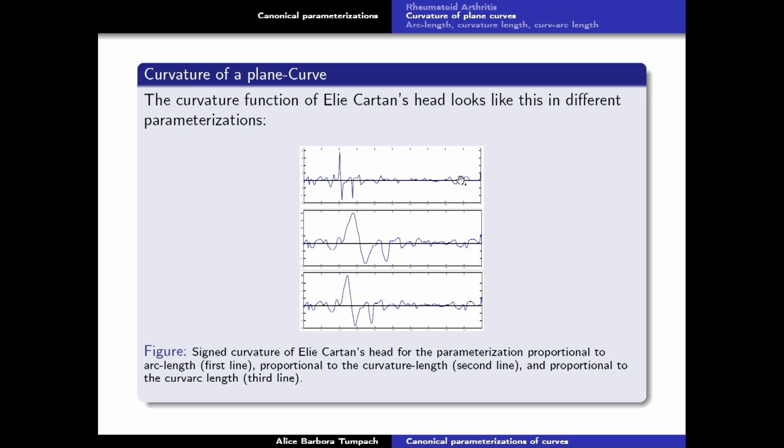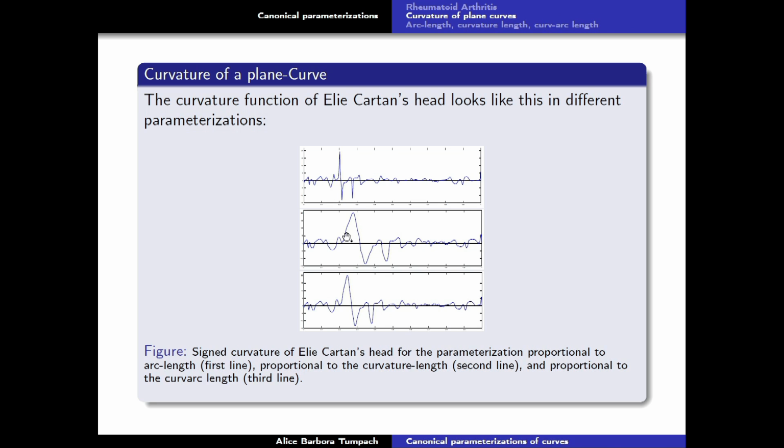If you change the parameterization, I will particularly define the curvature length parameterization or curve arc length parameterization. This curvature function will just spread, deform a bit. It has the same variation, but not for the same parameters.